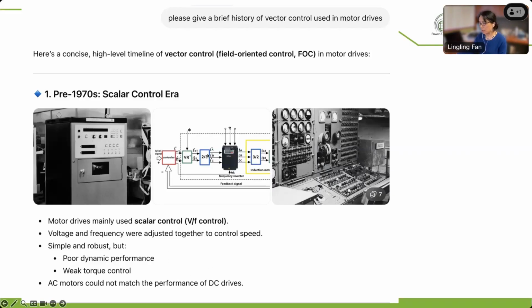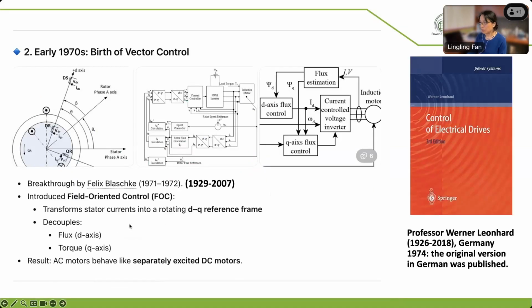This is an inverter driving a motor. We don't see this one because these are all ChatGPT figures; I just copy pasted that. On the other hand, let's move on to the second one. It is in about the early 1970s. That's the birth of vector control. For the second figure, I think ChatGPT pulled the patent filed by Felix Blaschke in 1971.